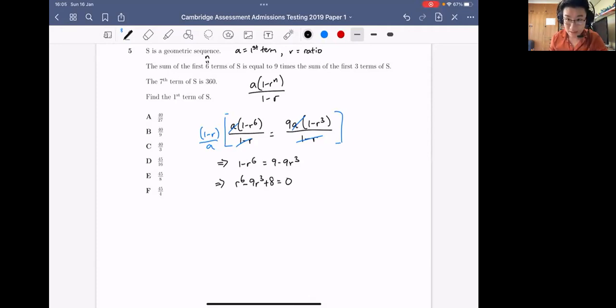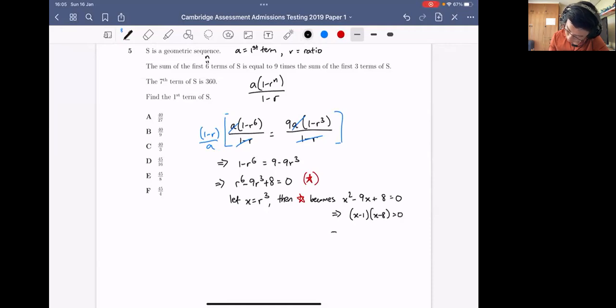This is one of the classic substitution questions to get your polynomial to look like a quadratic. So if you let x equal R cubed, then I'll label this as star, then star becomes x squared minus 9x plus 8 is equal to 0, which factorizes into x minus 1, x minus 8, which then gives x equals 1 or 8.